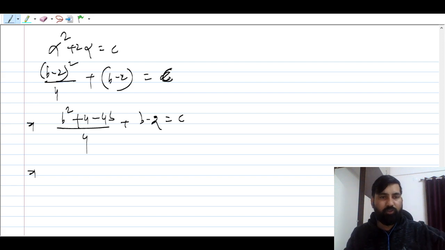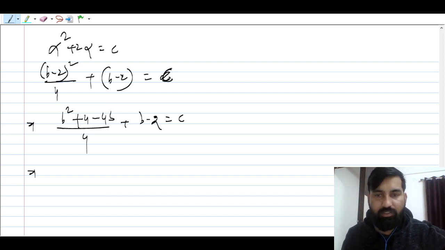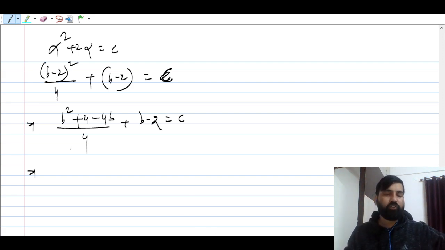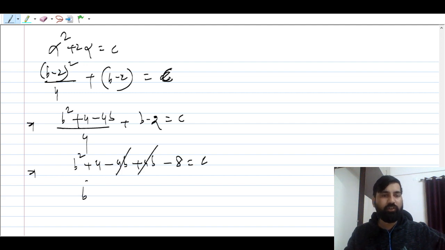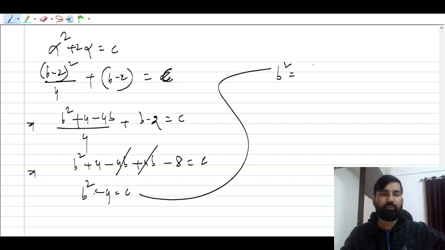So if you solve this, what answer are you getting, guys? Just tell me. If you solve this, you're going to get b square plus 4 minus 4b plus 4b minus 8 equal to 4c. 4b gone. B square minus 4 equal to 4c. So b square is going to be 4c plus 4.